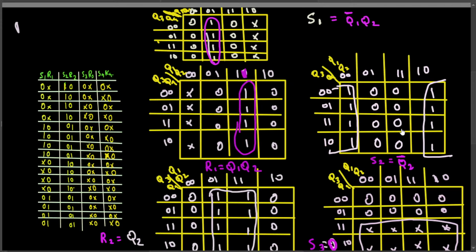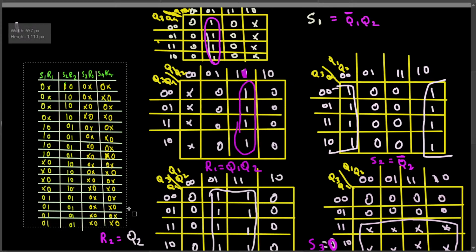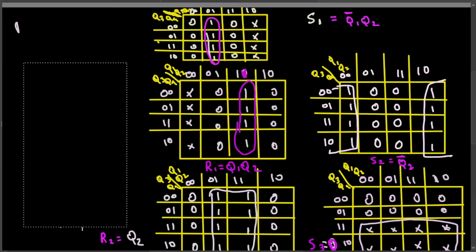Let's see if I can erase this. Okay, so I can erase this. Let's write each of these expressions here, and I'm going to bring it to the next page.